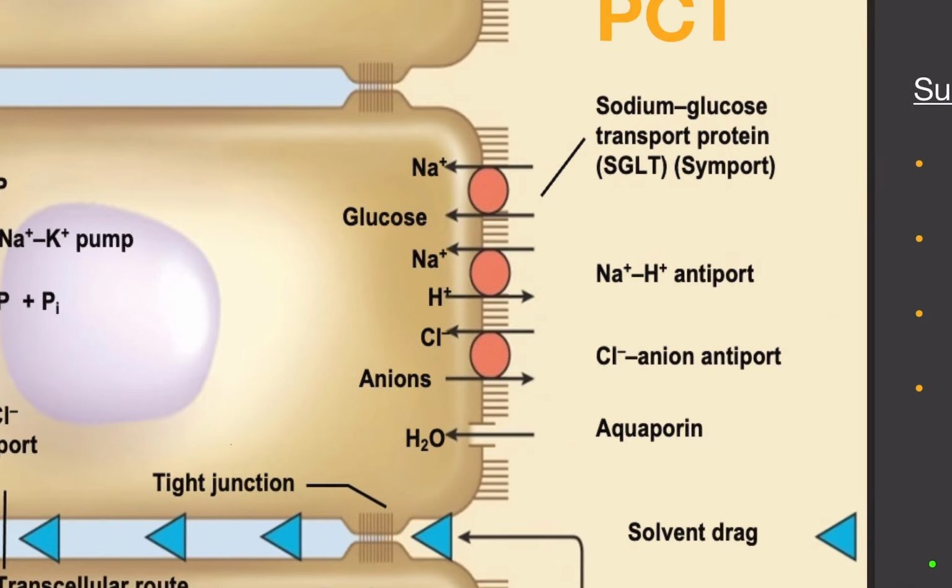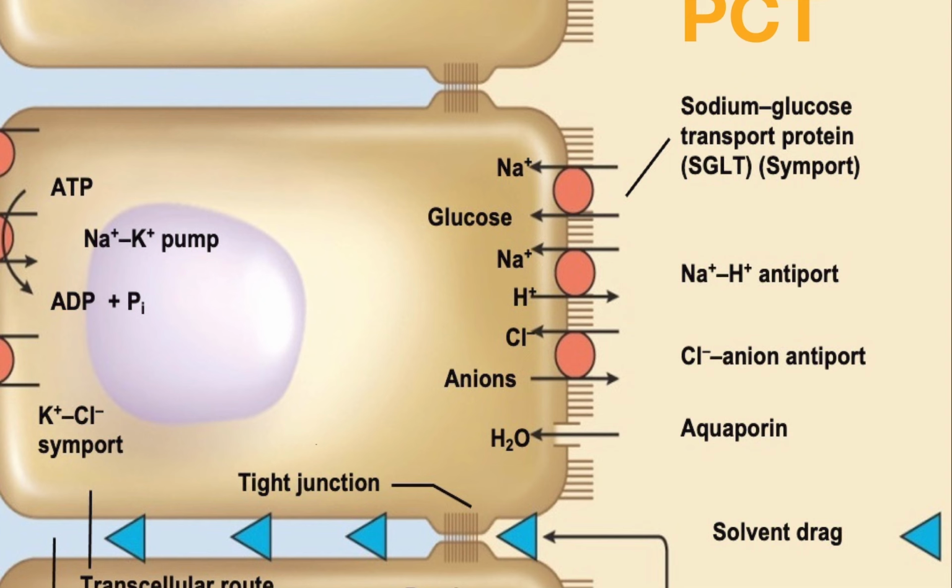At the same time, we have now the chloride anion antiport. Here is the trick. Wherever sodium goes, chloride will follow. They're best friends. They love to be next to each other because of their chemical properties. So wherever sodium goes, chloride will follow.